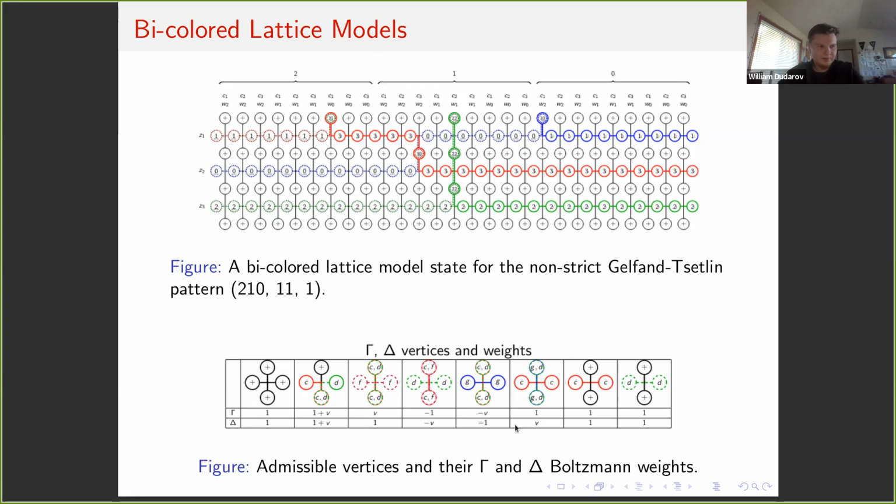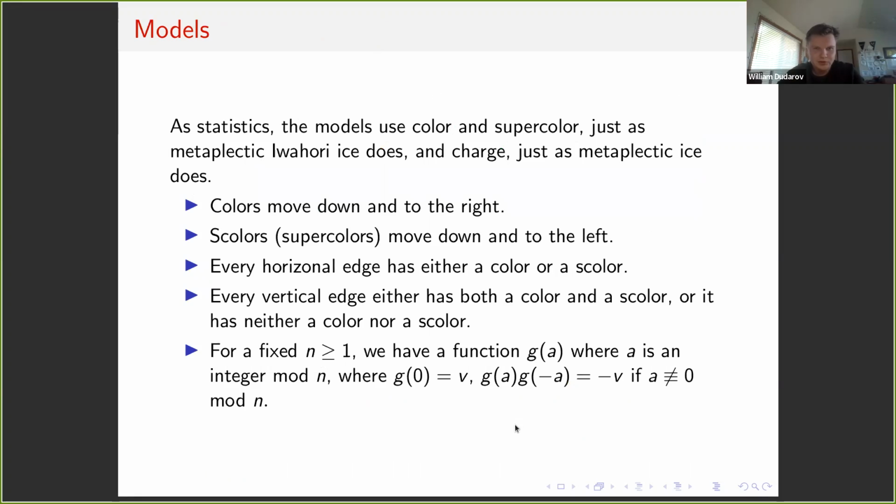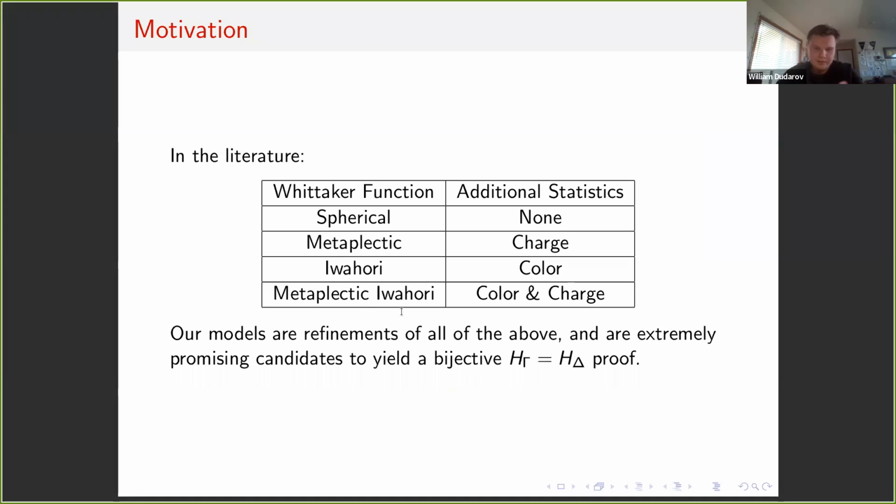So our group introduces charge to these. The metaplectic Iwahori Whittaker function and ice paper. I can't exactly remember the exact authors, but I think it was Brubaker, Bump, Gustafsson.